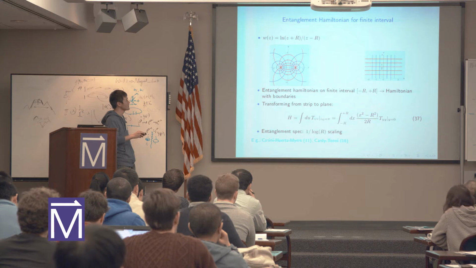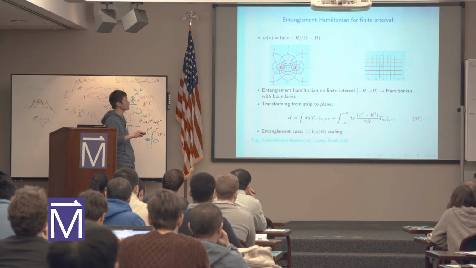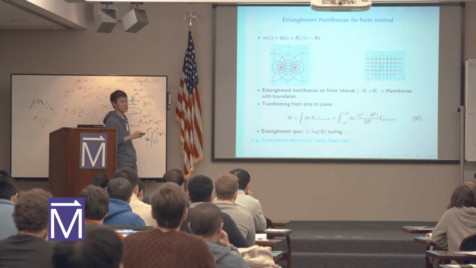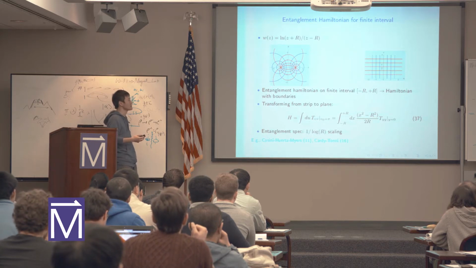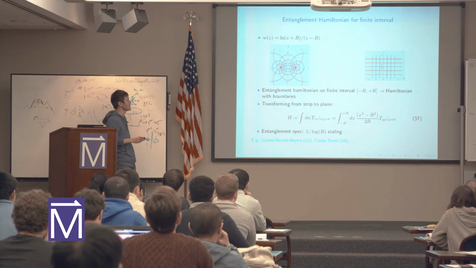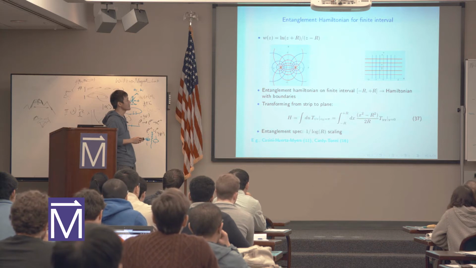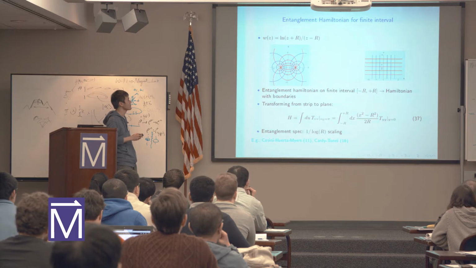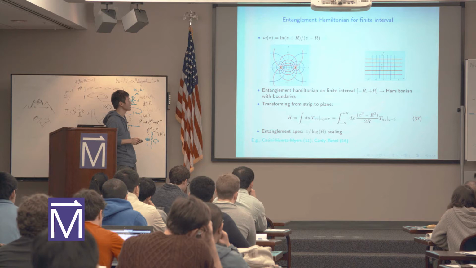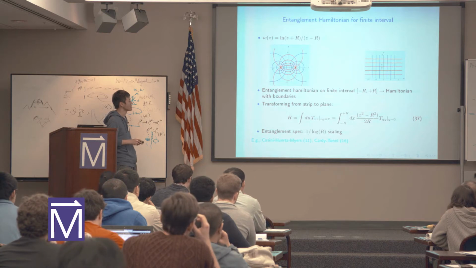We start with the evolution operator on the cylinder along this blue curve, which is the ordinary conformal field theory Hamiltonian. But you can transform this evolution operator back to the plane to get the explicit expression of the entanglement Hamiltonian.